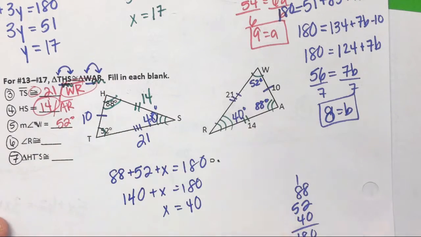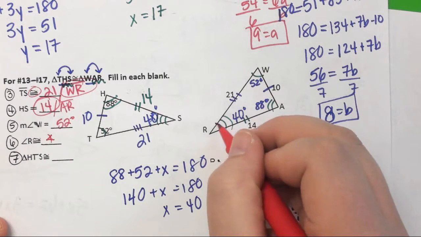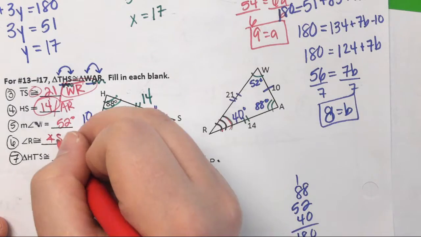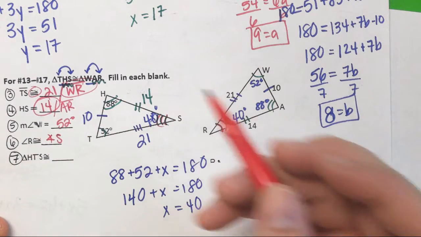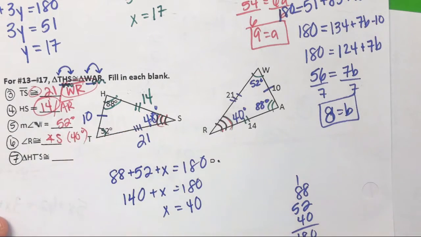And then they said angle R is congruent to what angle? So what angle is angle R congruent to? Angle S, because we're looking for who else has 3 dashes. R had 1, 2, 3. The other with 3 is angle S. Now you and I both know that they both measured 40 degrees. So is it smart to put that as well? Probably. Doesn't hurt anything.